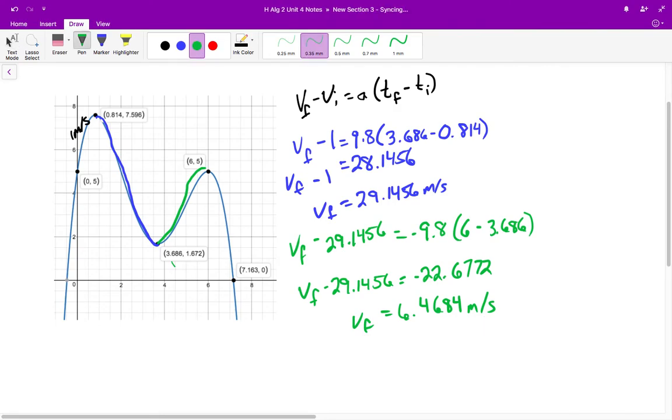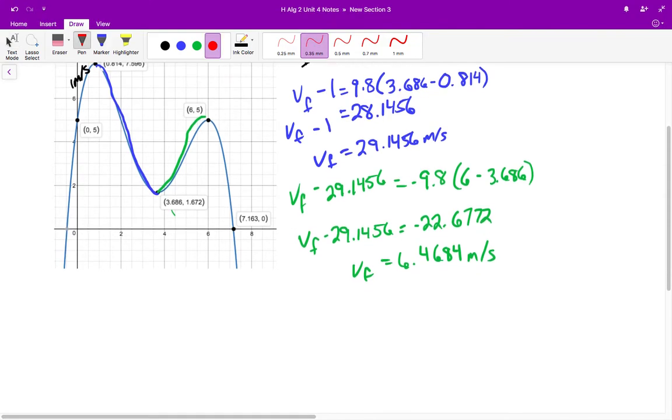Here comes your third interval. Again, your roller coaster being different, you might have to do this more times than what I'm doing. So, here we go. My final velocity minus my initial velocity, which is that 6.4684, which I am carrying over, is equal to, now I have gravity working for me again, 9.8.